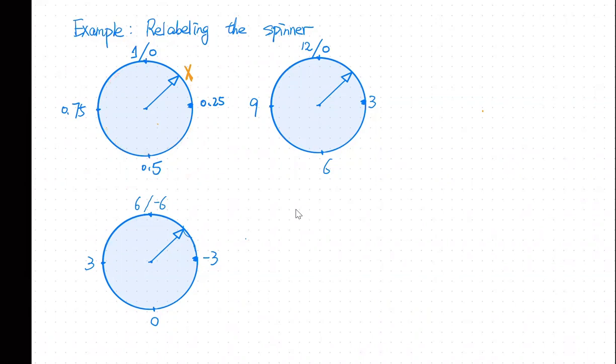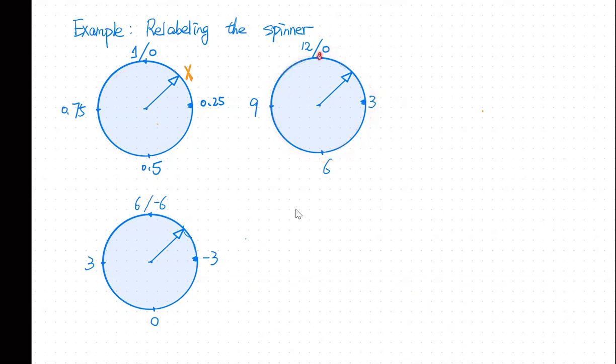Now suppose it's the same spinner, we simply change the labeling system. Instead of labeling from 0 to 1 uniformly on the circle, we take the circle as a clock, the face of a clock, and label the points from 0 to 12 evenly, uniformly on the whole interval.